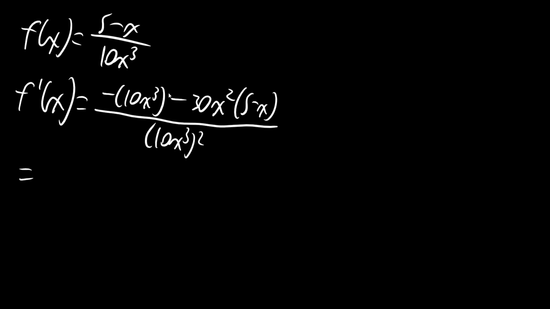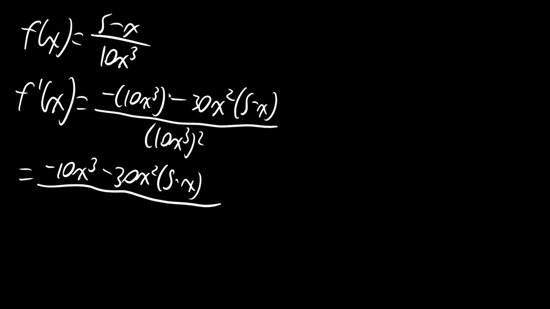Next, we see we're going to expand this out. We're going to get negative 10x cubed minus 30x squared times 5 minus x over, so 10 squared is going to be 100, and then x cubed squared is going to be x to the 3 times 2, which is 6, according to exponent laws.